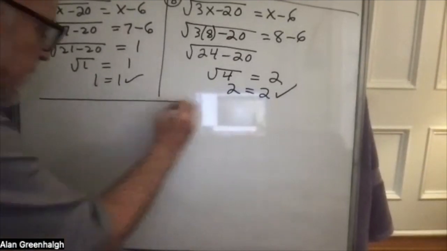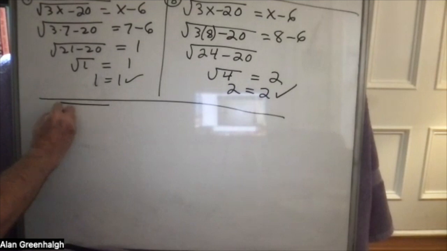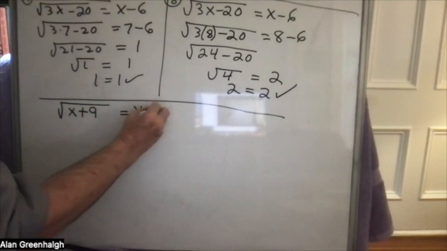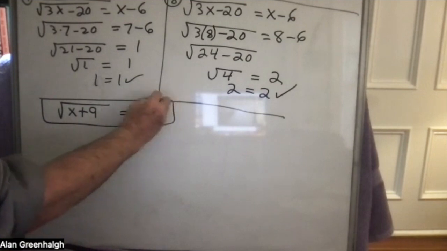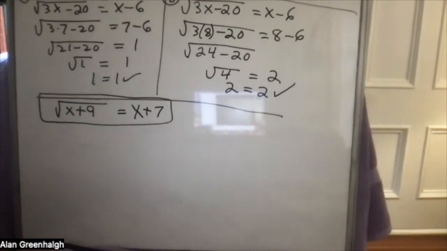The next problem is this one: the square root of x plus 9 is equal to x plus 7. Do this problem, write it down, and then I'm going to erase the board. You could be doing that so we don't waste time, because we're running out of time rapidly, and I need to talk to the class about something.